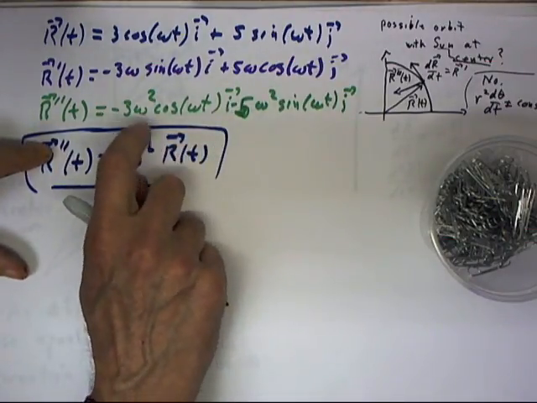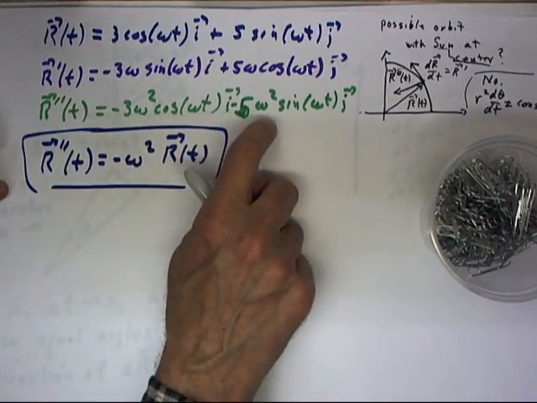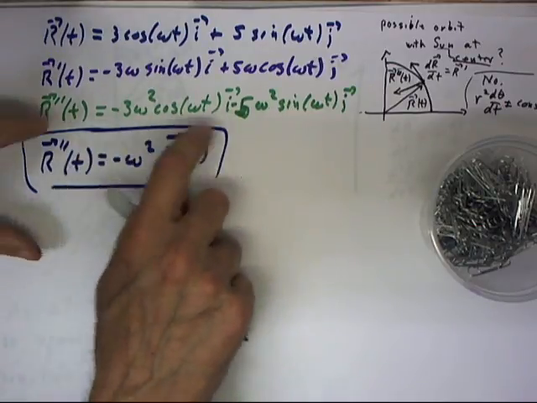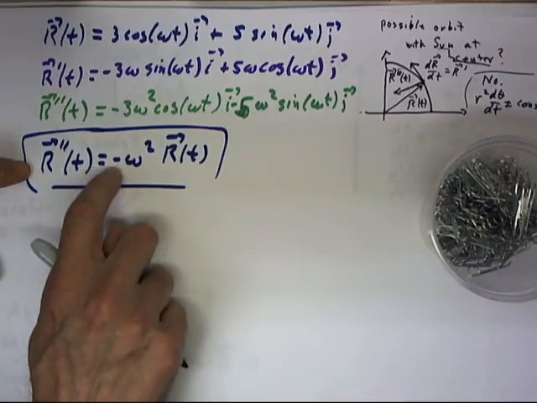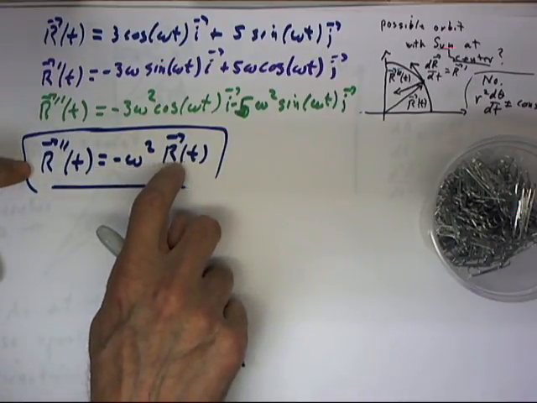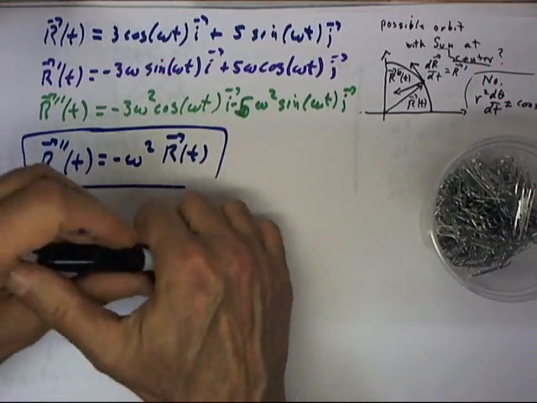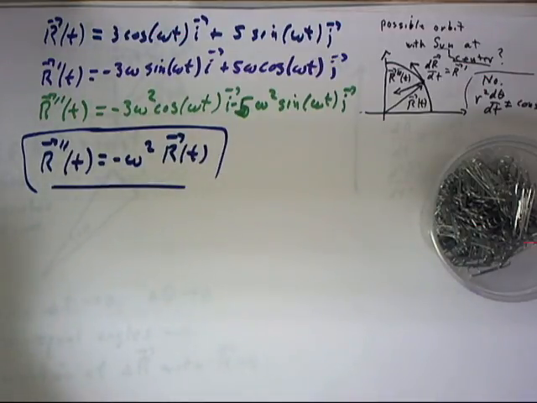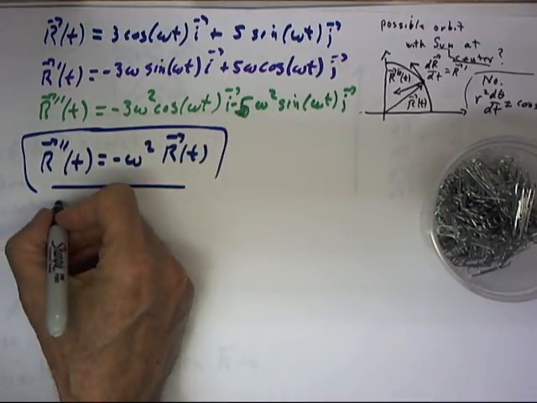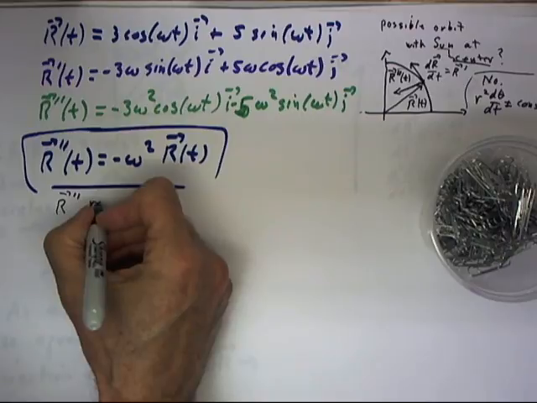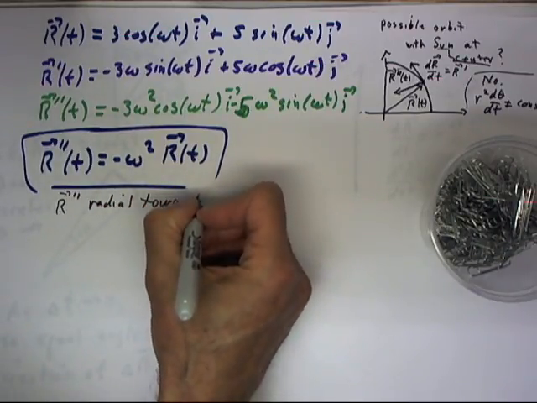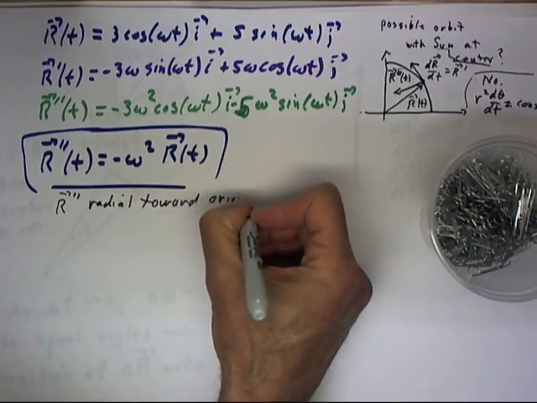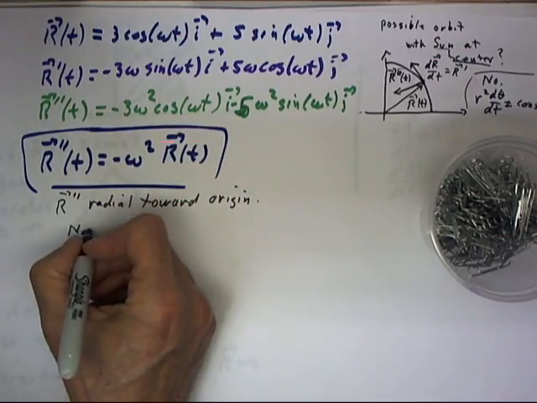And it's fairly easy to note that if we factor the omega squared out here, what we're left with is just our r vector, so that r double prime equals negative omega squared r of t. And this is radial back toward the origin. And this is no contradiction.